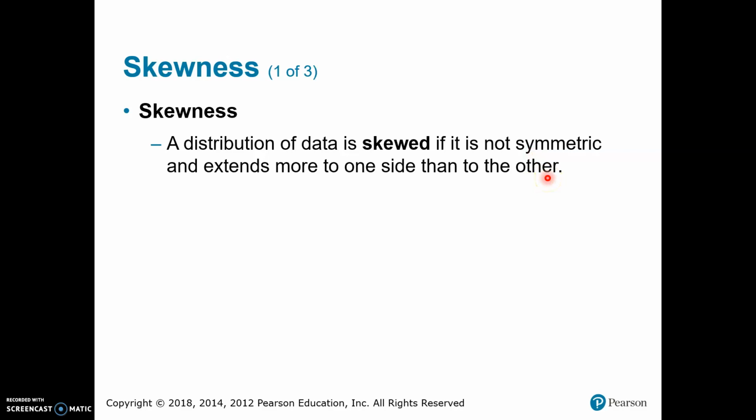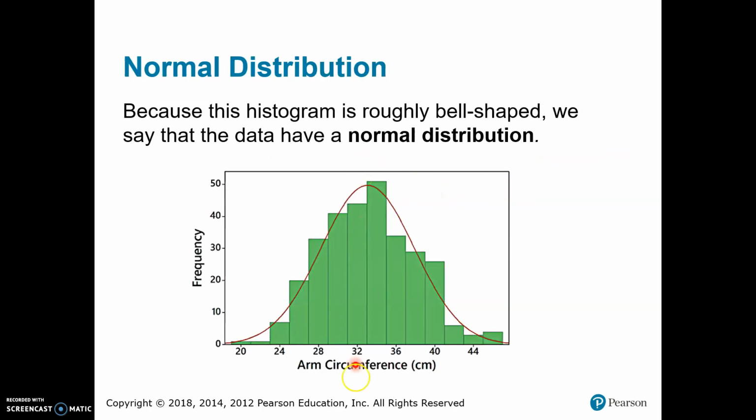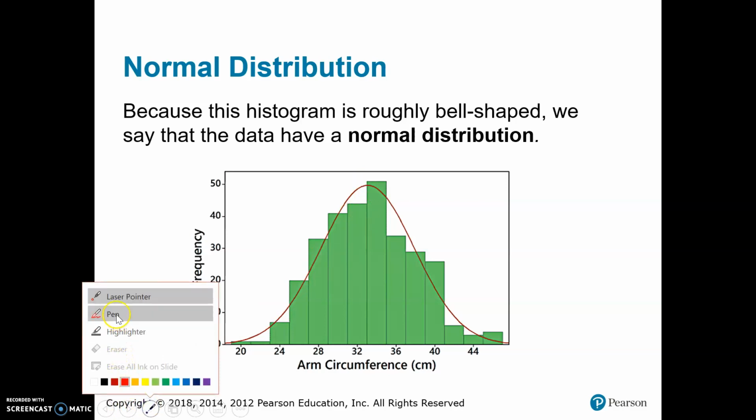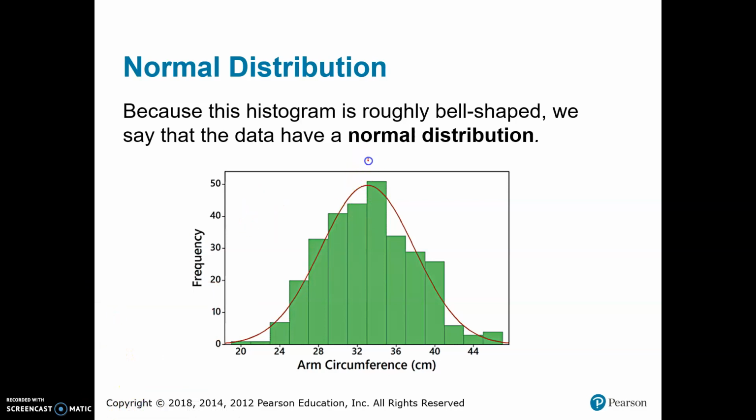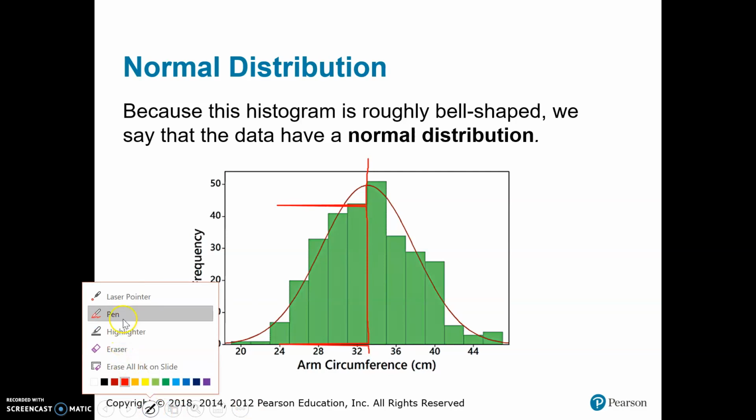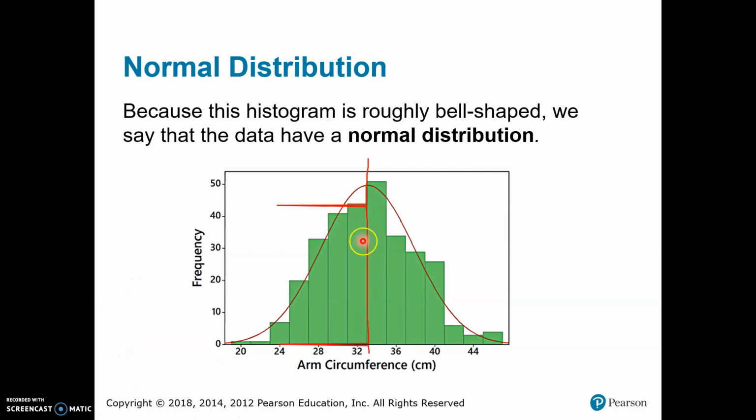So it turns out that the normal graph here will be symmetric because if I were to draw a line like this straight, you can see that half is on the right, half on the left. So that's why it is normal. It's not skew left or skew right.